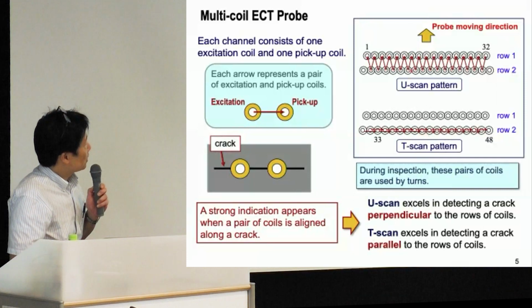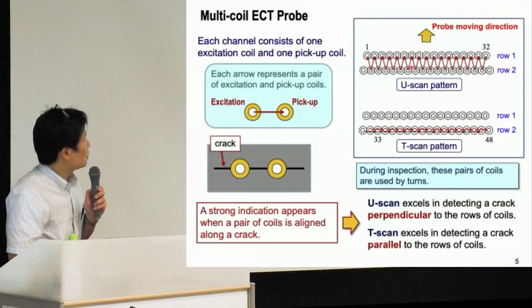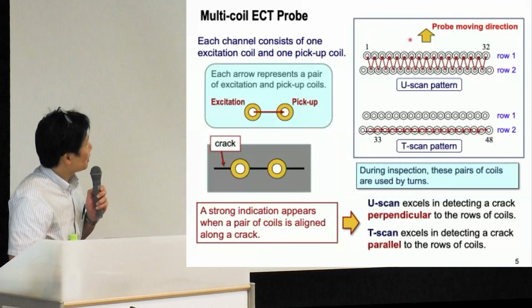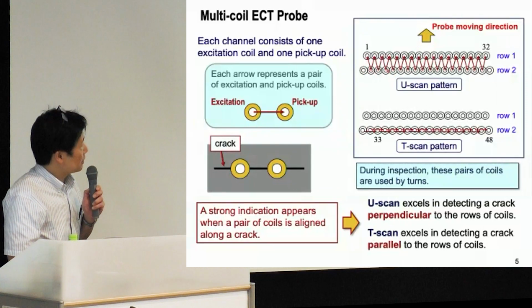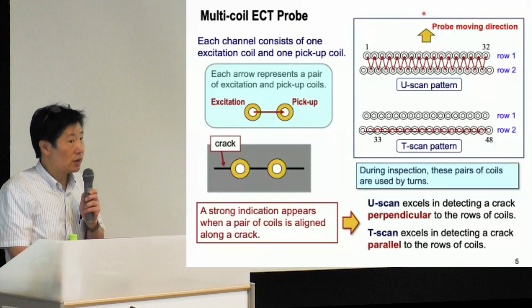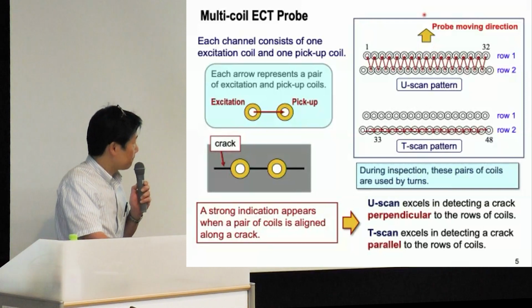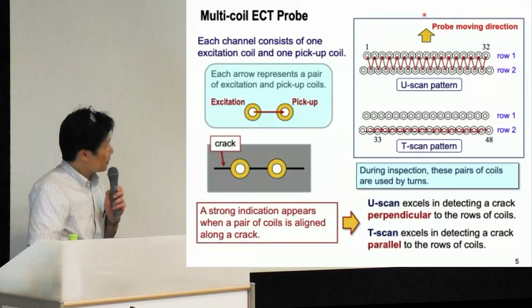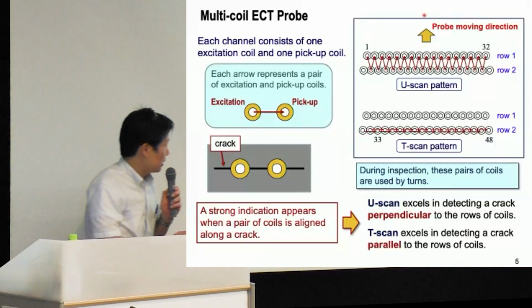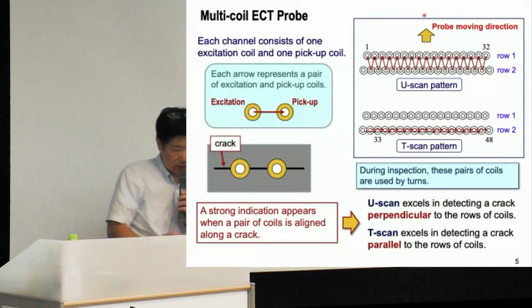And if we move this probe this way, so we can get the signal of this region by one-dimensional motion. So we can get sensing data very effectively. This is the advantage of this probe.